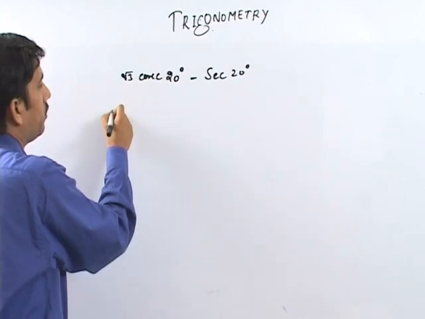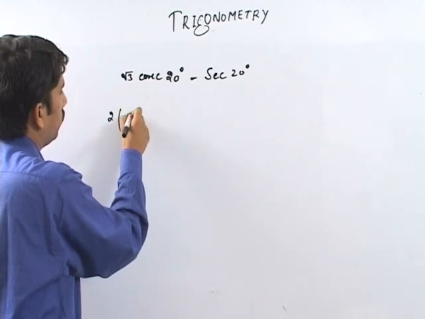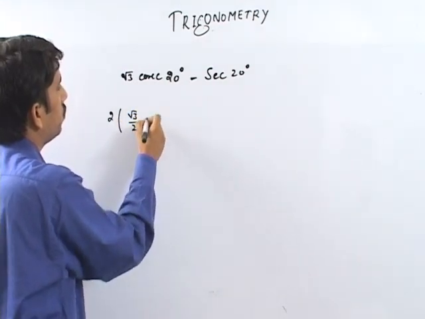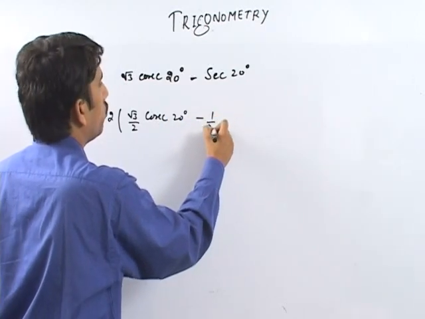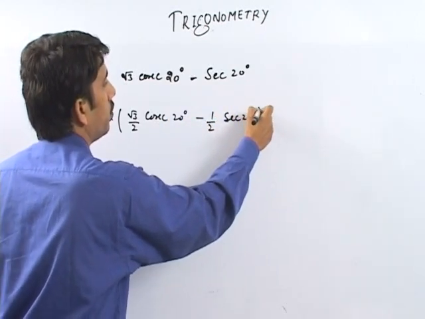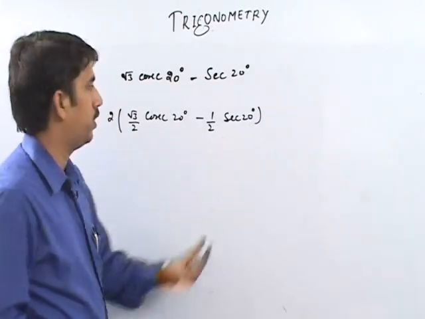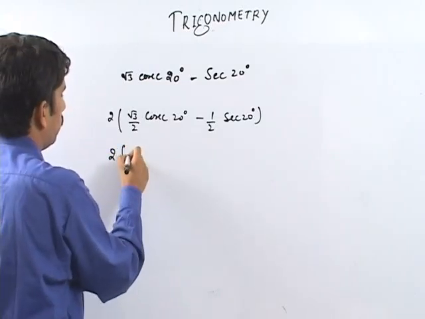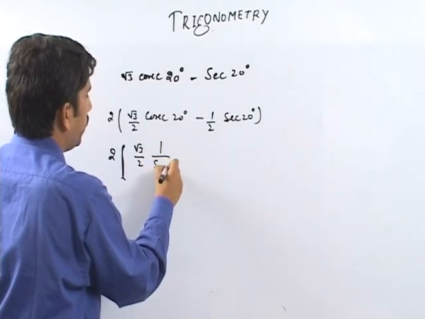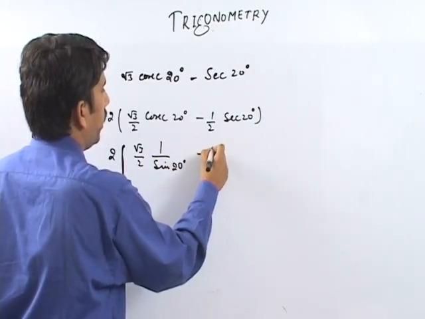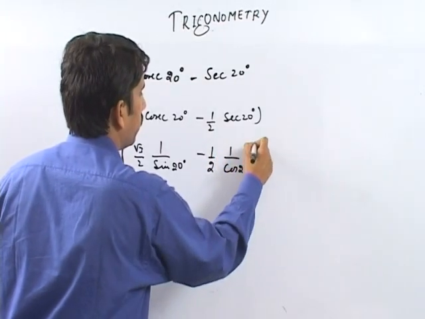Now if you multiply this by 2 and divide by 2, this will become 2 times root 3 by 2 cosecant 20 degree minus 1 by 2 secant 20 degree. Now change these trigonometric functions cosecant 20 degree and secant 20 degree into 1 over sin 20 degree and 1 over cos 20 degree.